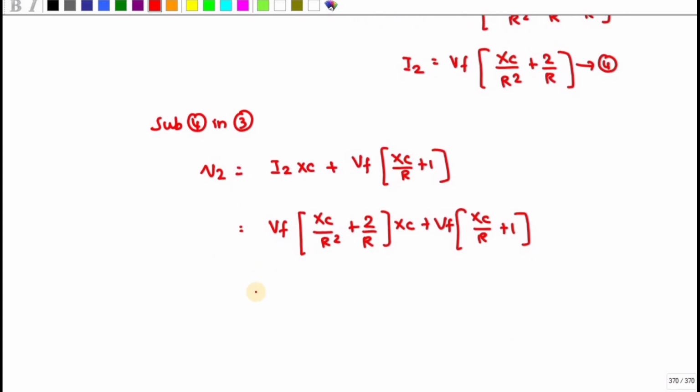So this I can write as Vf into Xc square by R square plus 2Xc by R plus Xc by R plus 1. This is my V2.